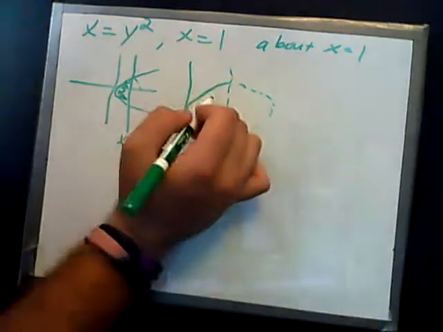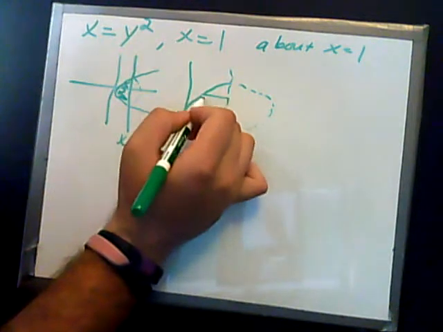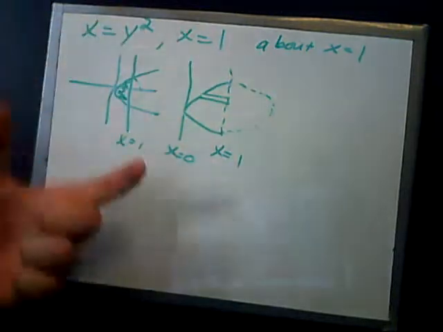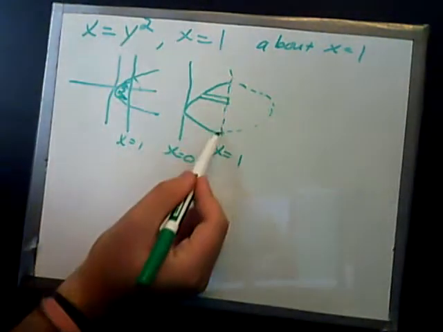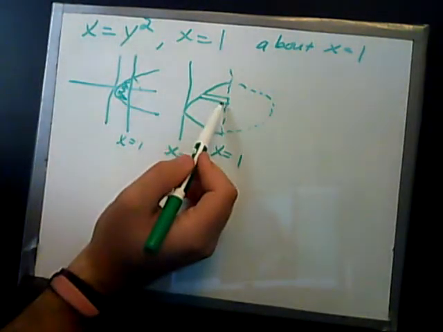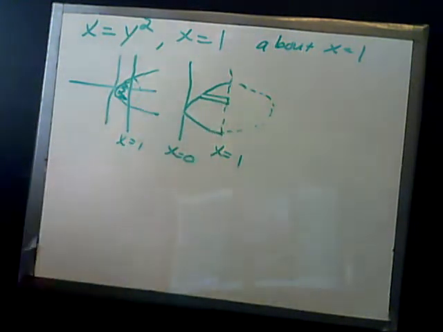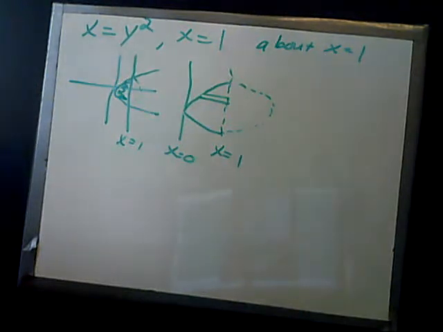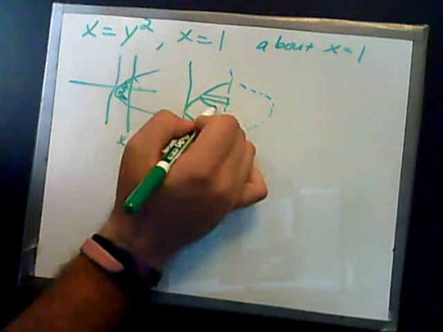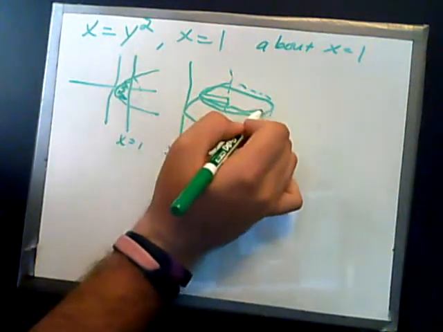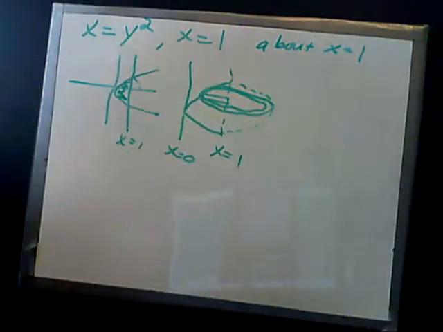Now what we're going to do, once again, is make a thin slice in the perpendicular direction of the axis of rotation. So we have a vertical axis of rotation here, and we're going to make a horizontal slice to make a disk, and that is the general process that we use with the disk method. So now we're going to take this and rotate it around here. Do it again, so it should look something like a really thin disk.